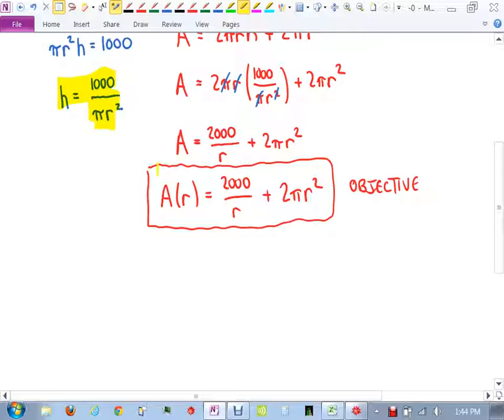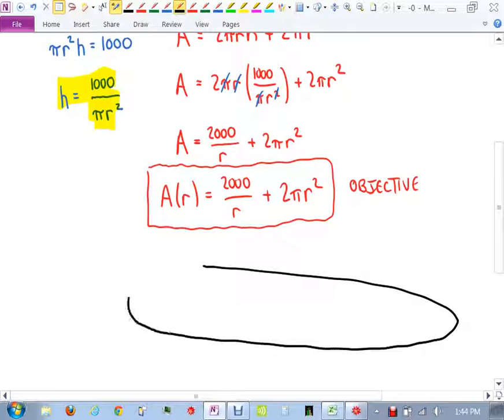Now, is there a maximum radius? Think about this beer can. I mean, I could have this ridiculous beer can, right? That one right there. It's just like a wafer.